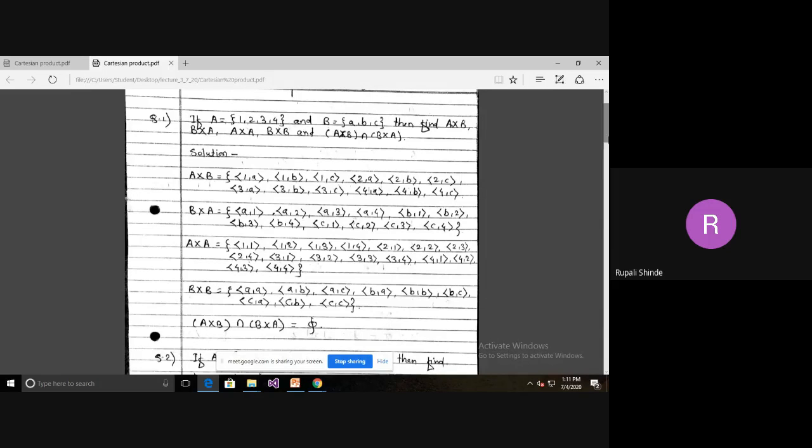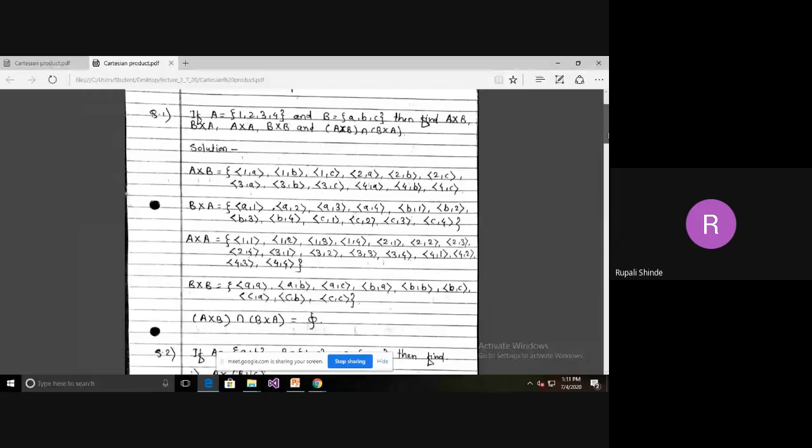Last lecture we have seen the difference between set and ordered pair. Pair means it consists of two elements, and those two elements will be in fixed order. That's why it is called an ordered pair. After that we saw the definition of Cartesian product.